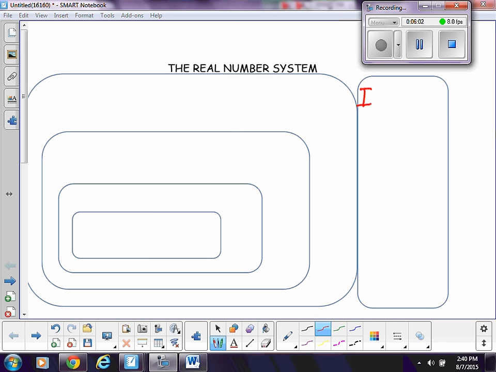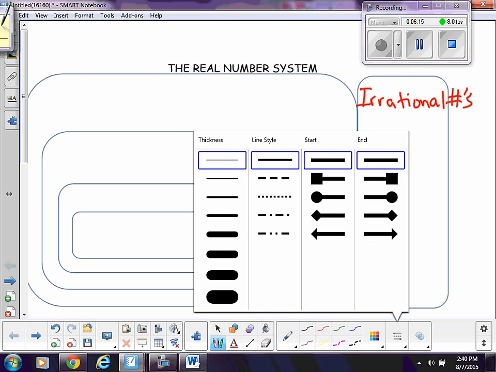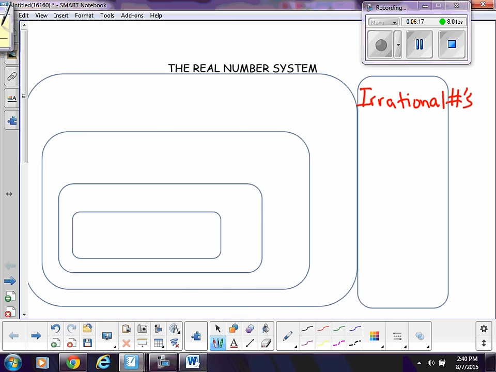So let's go ahead and fill this in. Remember we said that irrational numbers are going to include decimals that are not terminating or repeating.